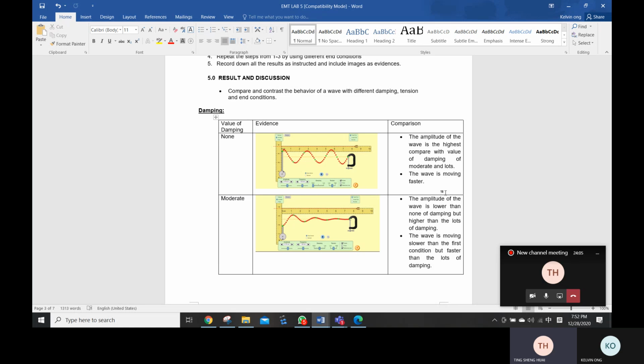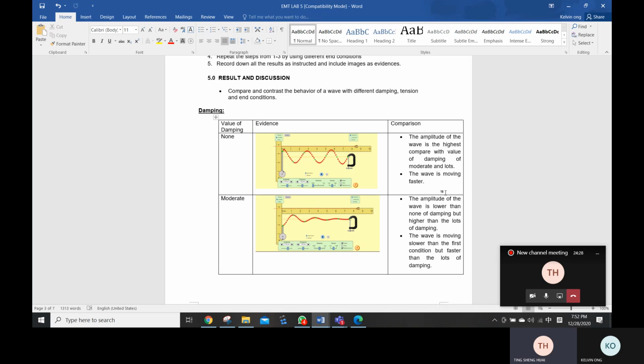The moderate one is slower because we adjust it and it lost a little amplitude, and the wave is also moving slower than the first.